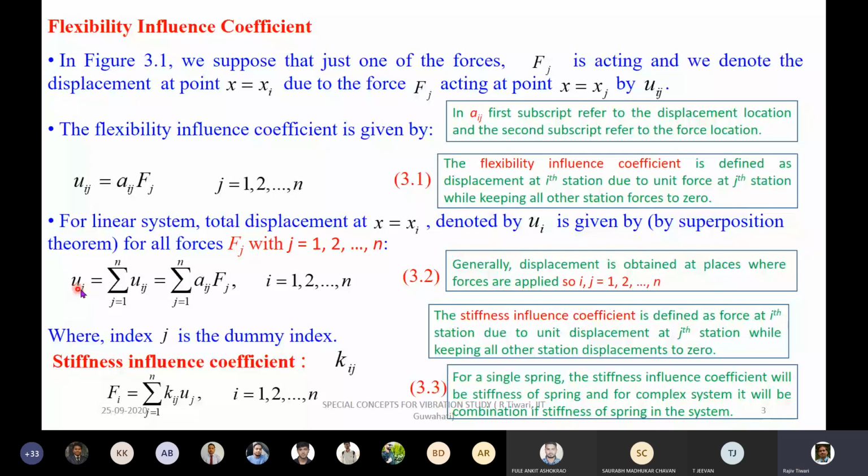When we take i equal to 2, we'll get u2 is equal to, again with n terms. Similarly, we have n such equations. In the summation form, we are writing n simultaneous equations in a very compact form. The expanded form of the equation we can write like this.